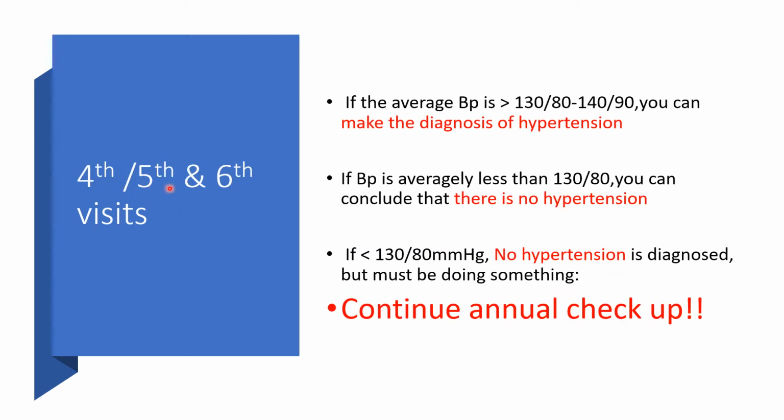Now, at the 4th, 5th, or 6th visit, if the average BP is greater than 130/80 to 140/90, you can conveniently label this individual as being hypertensive. If BP is averagely less than 130/80, you can conclude that there is no hypertension.